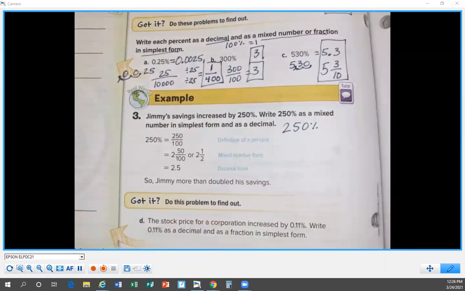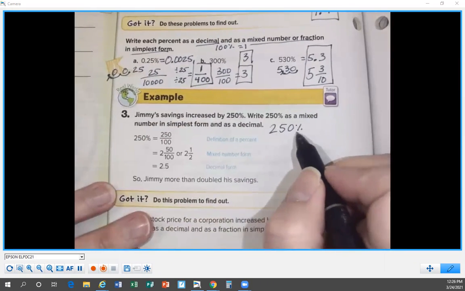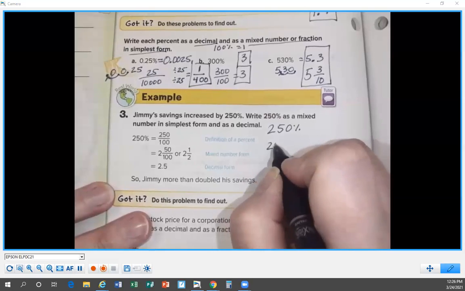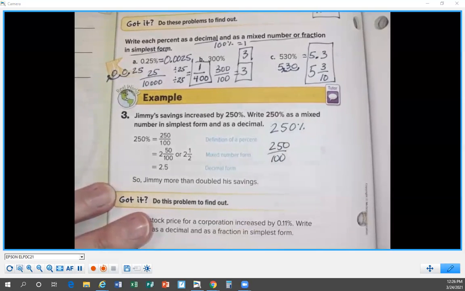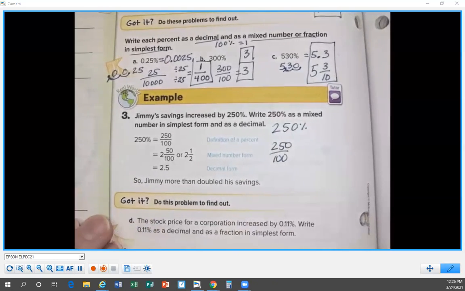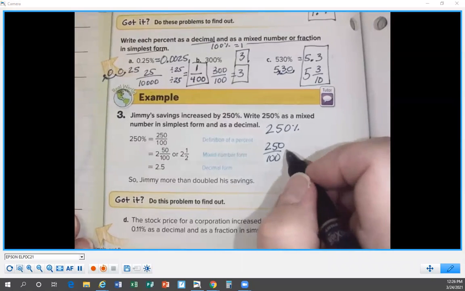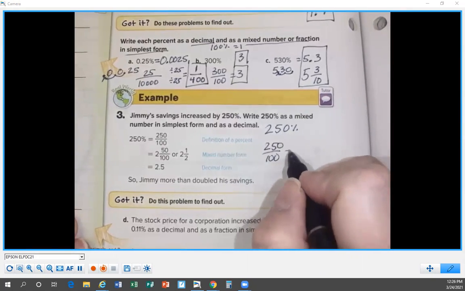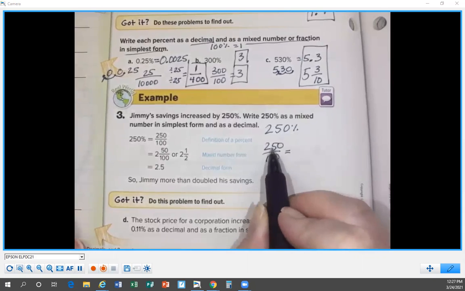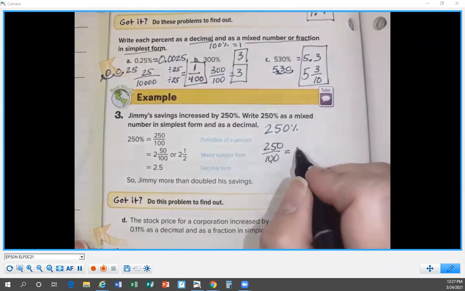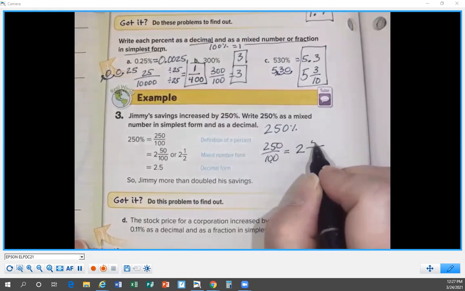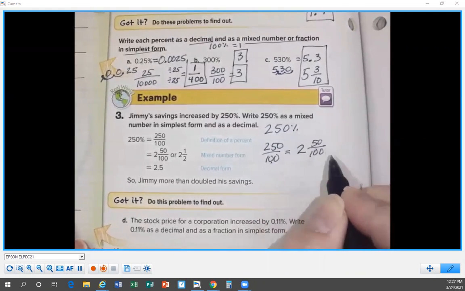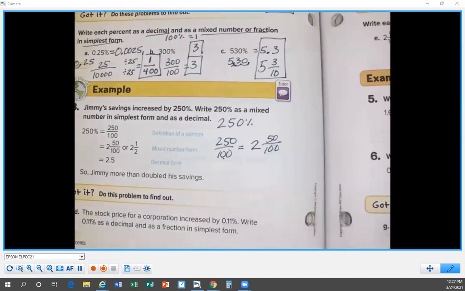So let's get used to doing it in either order. 250% means 250 per 100, because percent means per 100. So then we divide that out. How many times does 100 go into 250? It goes in 2 times with 50 hundredths left over. So we have 2 and 50 hundredths.